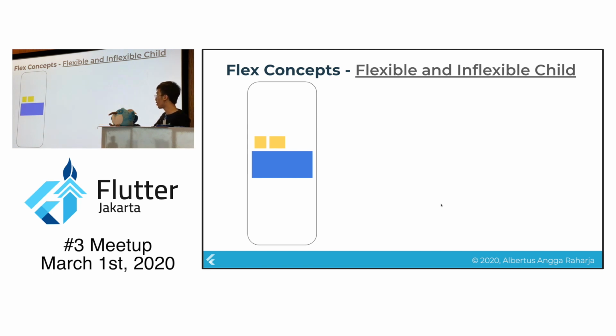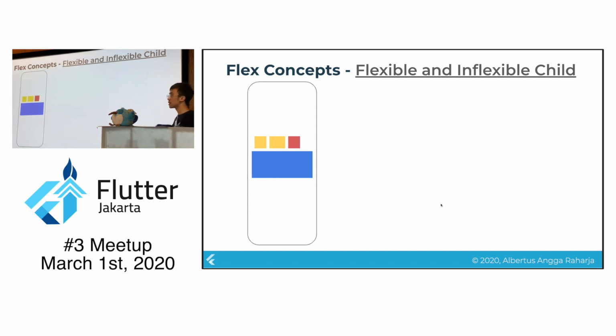So a child with a flex factor of 0, or a child that doesn't have expanded or flexible as its direct parent, will be treated as an inflexible child. Other than that, it will be treated as flexible. So if you wrap your widget inside expanded or flexible, the default flex factor is 1. We will cover more about the flex factor in the next slide.